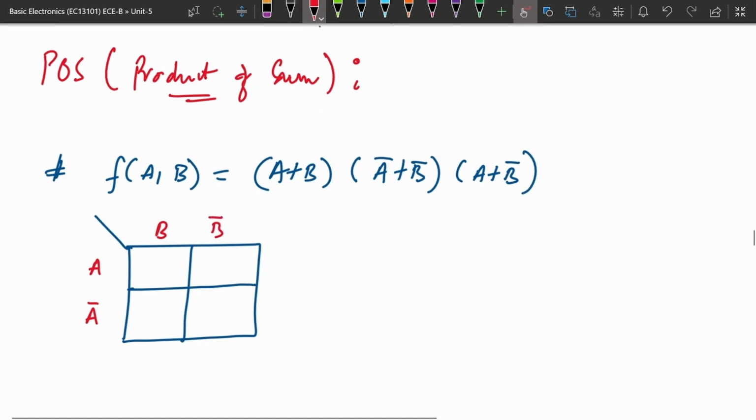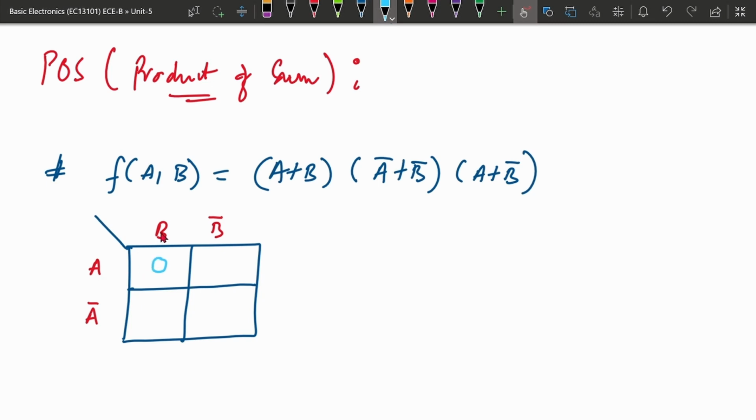With respect to that, what we can write is A plus B. In the sum of product we were doing this dot this, but now we will be doing A plus B. So here A plus B is explaining this term, and instead of ones we will be making it a 0.